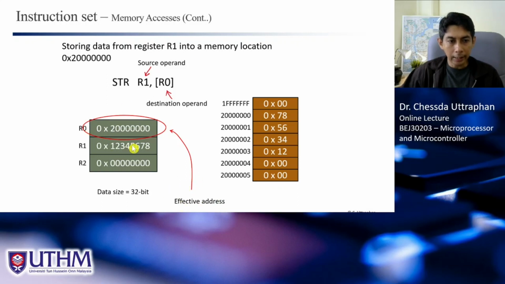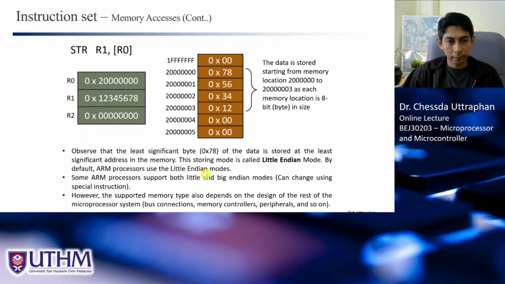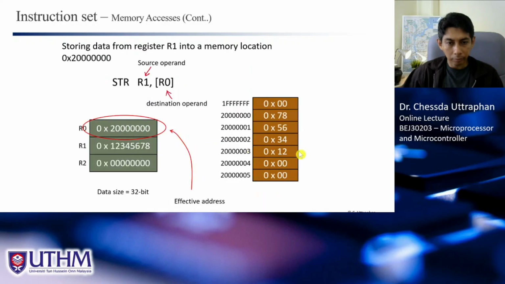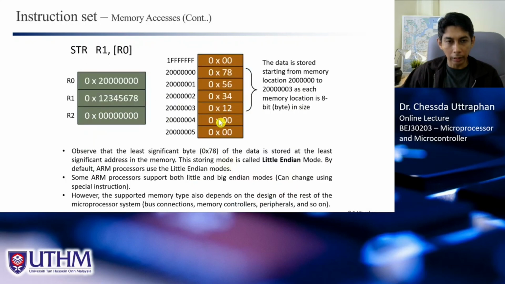And this is called the effective address, R0. The address in the brackets is the effective address. Effective address means the address that we want to access. So in this case, it is this. This is the explanation of how this 32-bit data is stored in the memory.